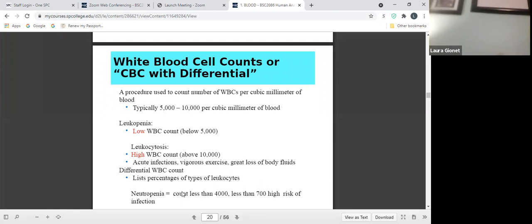Generally, if you are dehydrated, if you just rehydrate, those values will come back in the normal ranges. And neutropenia means that you have a count less than 4,000.